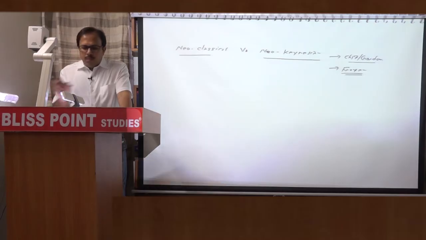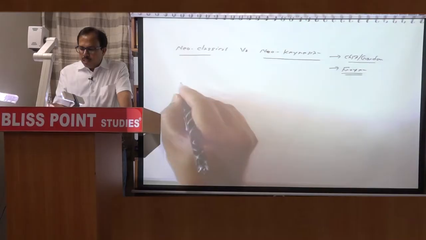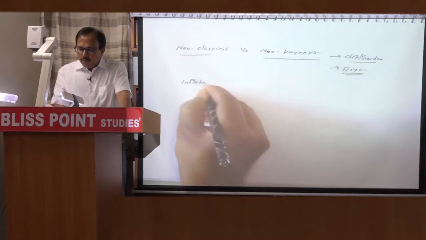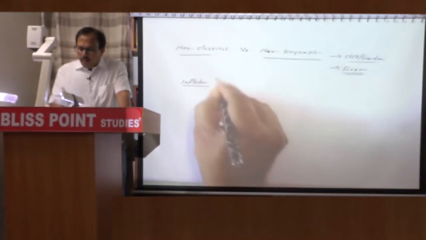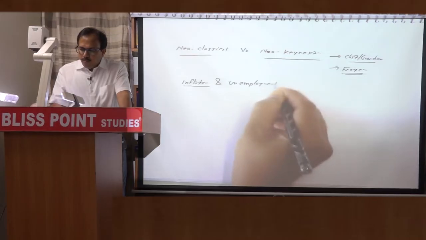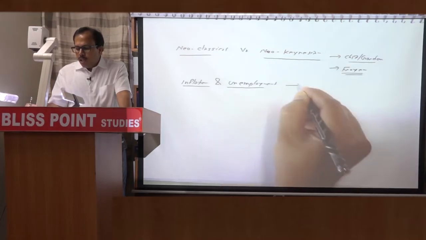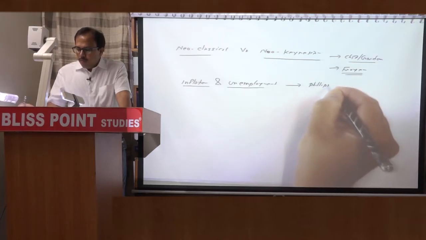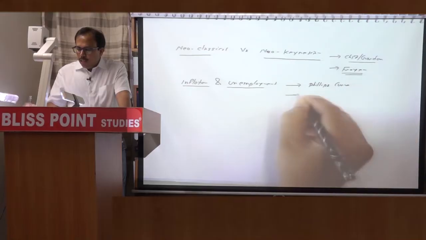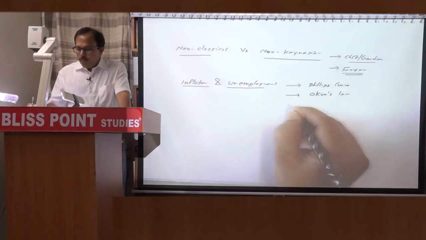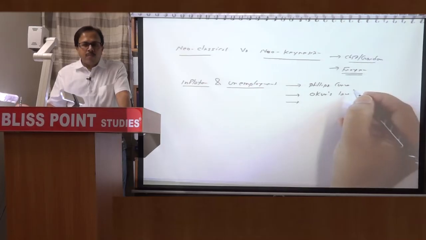These were the topics mentioned in the syllabus. What is not mentioned in the syllabus is the section of inflation and unemployment. So questions related to inflation and unemployment, particularly with respect to the Phillips curve, then Okun's law, long run Phillips curve, short run Phillips curve.